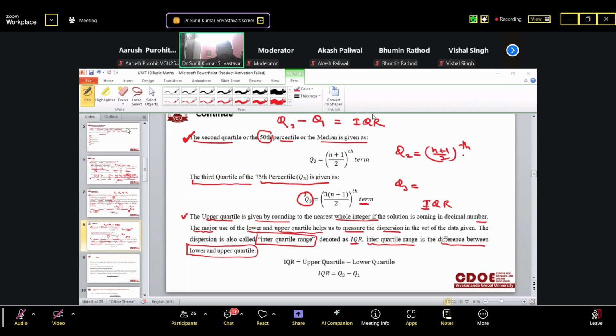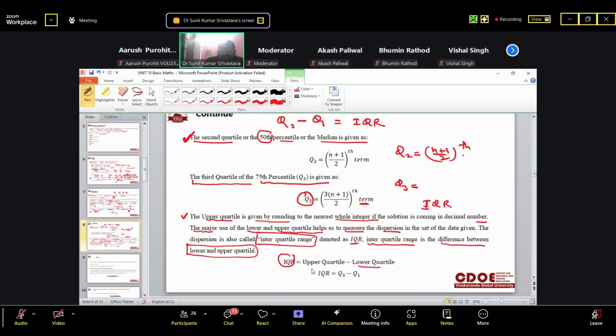So this will help us describe the data sets in a more cumulative form, to analyze the scatter of the data about the central tendency. That is the IQR, upper quartile minus lower quartile.